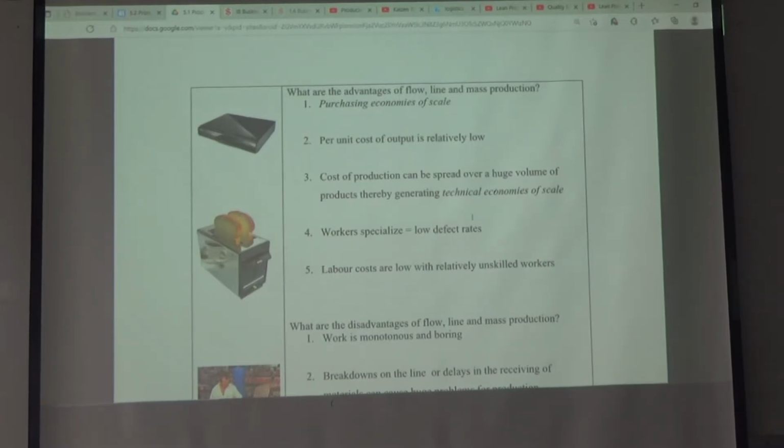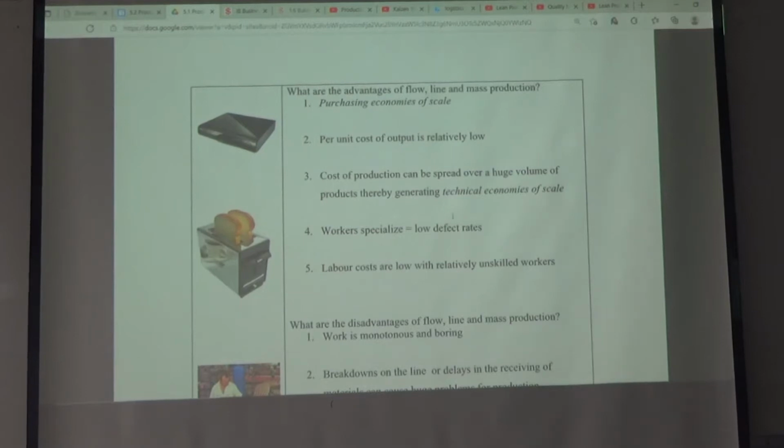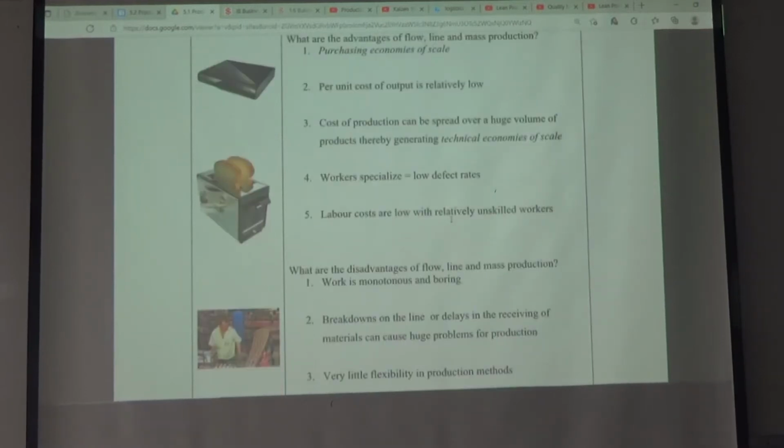And there should be, if it's a good system, very few quality problems, or the whole thing is wrecked. And also labor costs are kind of low compared to machine costs.